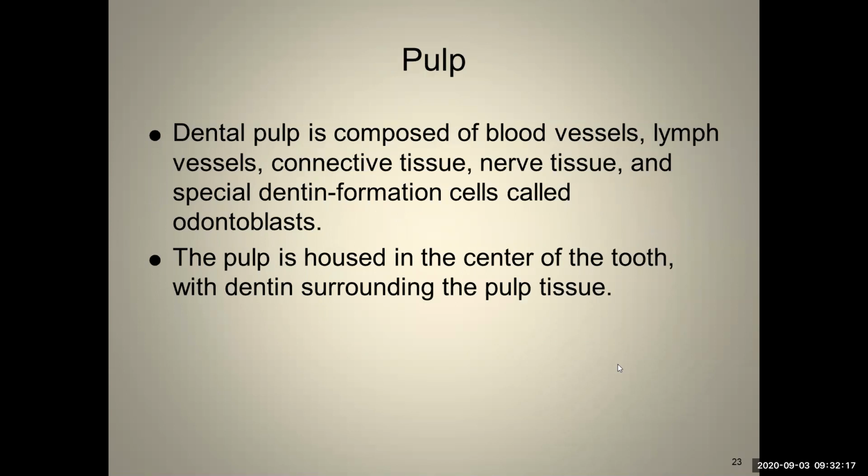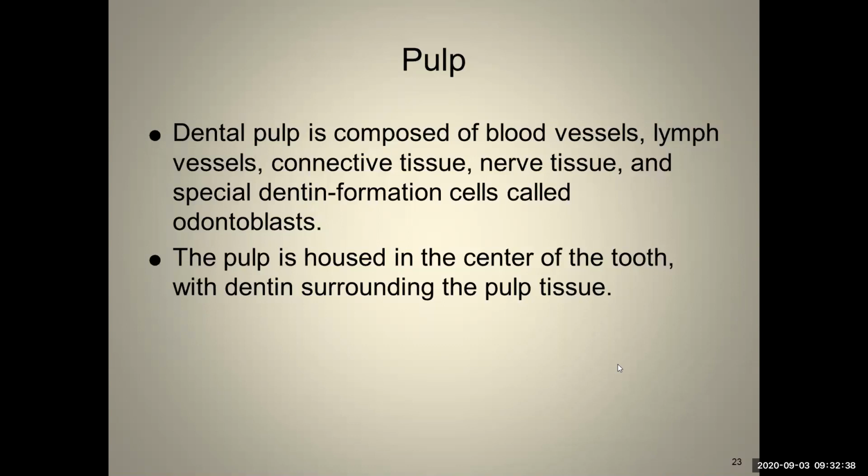That is considered soft tissue. The dental pulp is composed of blood vessels, lymph vessels, connective tissue, nerve tissue, and those special dentin forming cells called odontoblasts. Odontoblasts are dentin forming cells.